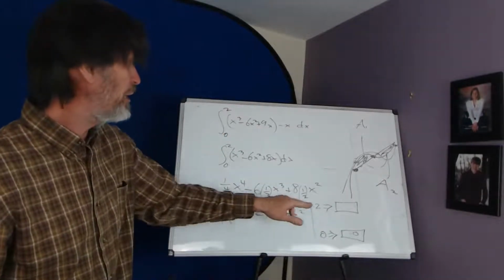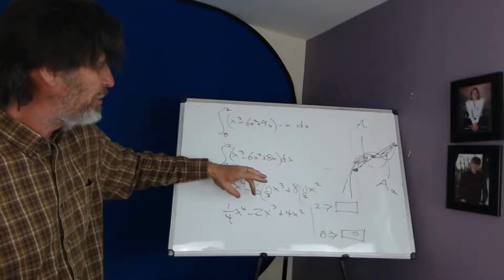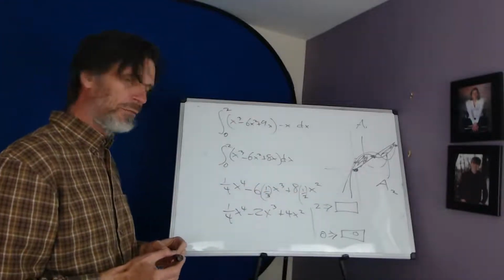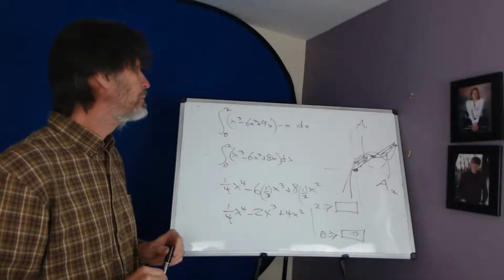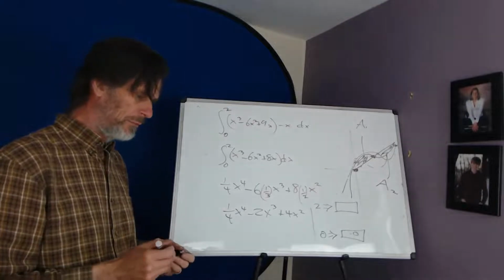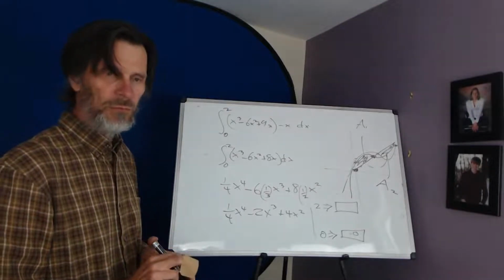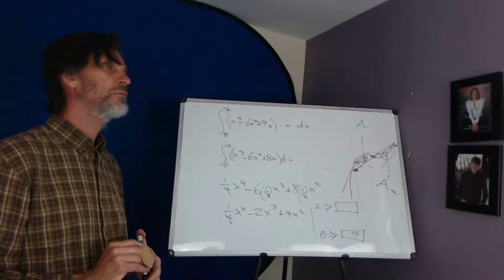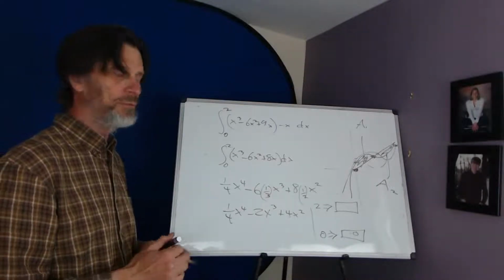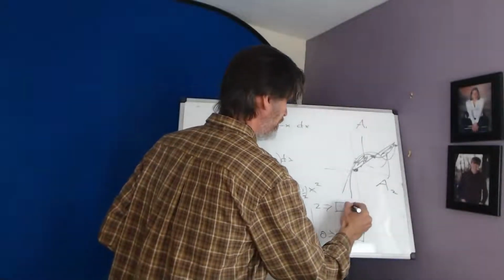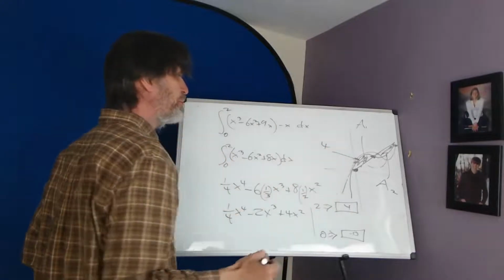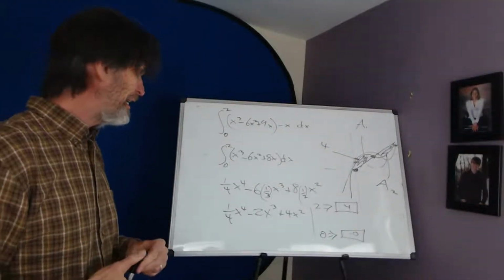So what do you get when you plug in 2 back into this one for x? Yep, it is indeed 4. 4 minus 0 is 4.